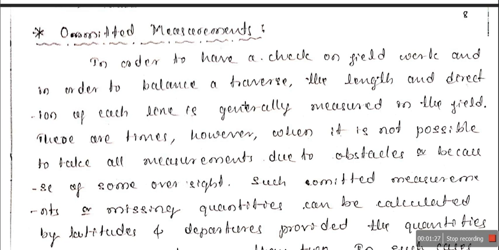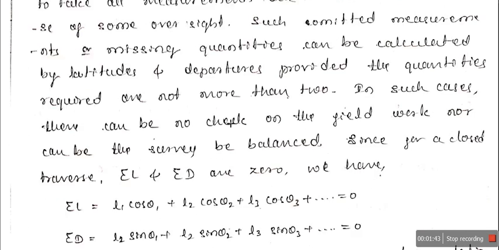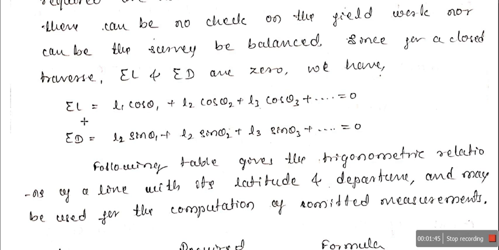Already you know that in a closed traverse, if the total latitude and total departure are exactly equal to 0, then there is no closing error. So here we consider the summation of L equal to L1 cos theta 1 for the first line, plus the second line, plus the third line, and that is equal to 0.